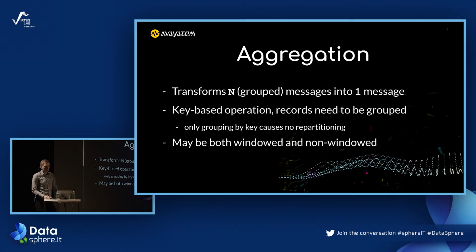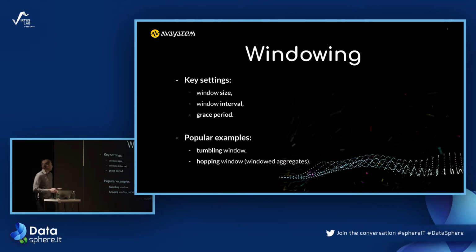Once you aggregate some data by any key, the aggregate would run forever, or actually until you stop your application. But the problem is, how can you divide the aggregates in time, right? So the answer is windowing. Popular examples are the tumbling window and the hopping window, and those will be explained in the next slide.